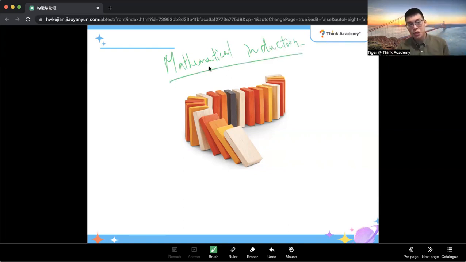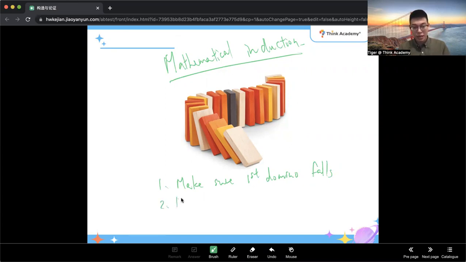So what are the steps for mathematical induction? The first step is to make sure the first domino falls. That's what we need to do when we're poking a domino.